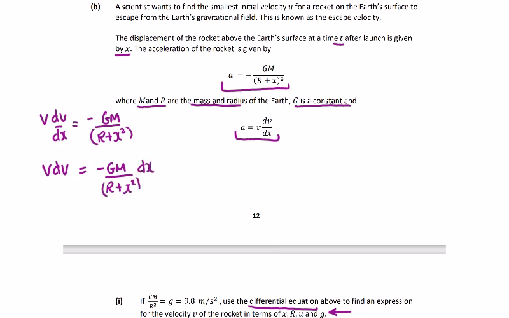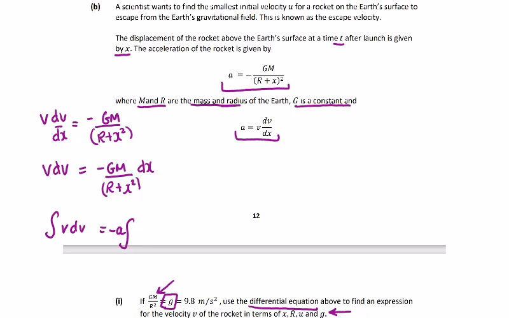And what are we told? We're told this here, GM over R squared is equal to g. Kind of hard to see. GM over R squared is equal to g. So if I say the integral of v dv is equal to the integral, I'll take the minus, and GM is becoming g, GM over R squared, but I'm going to have to get an R squared into the bottom.